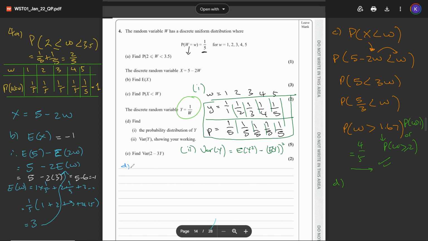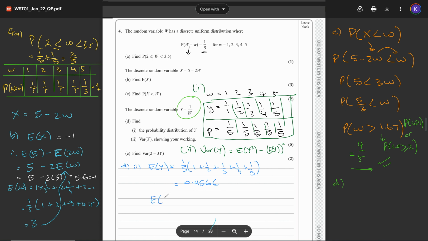So question D, part 2, the expected value of y will be given by 1/5 and then adding up 1 plus a half plus a third plus a quarter plus a fifth. And that comes to 0.4566.